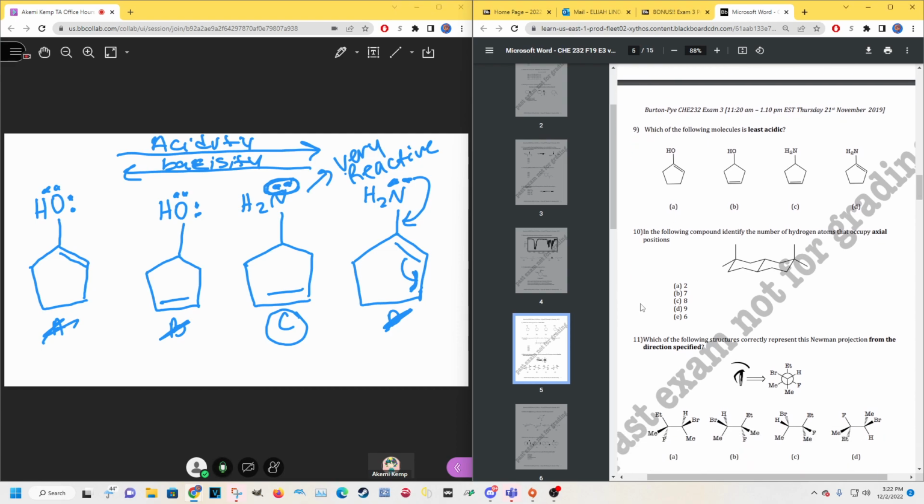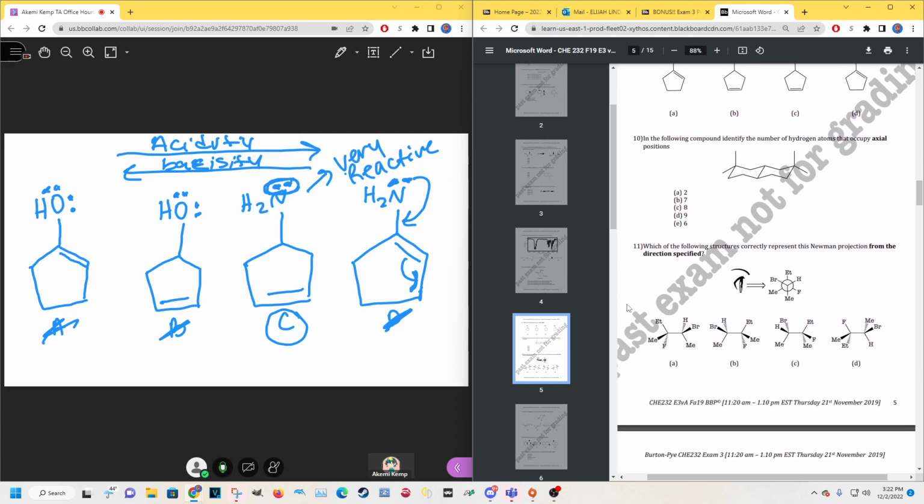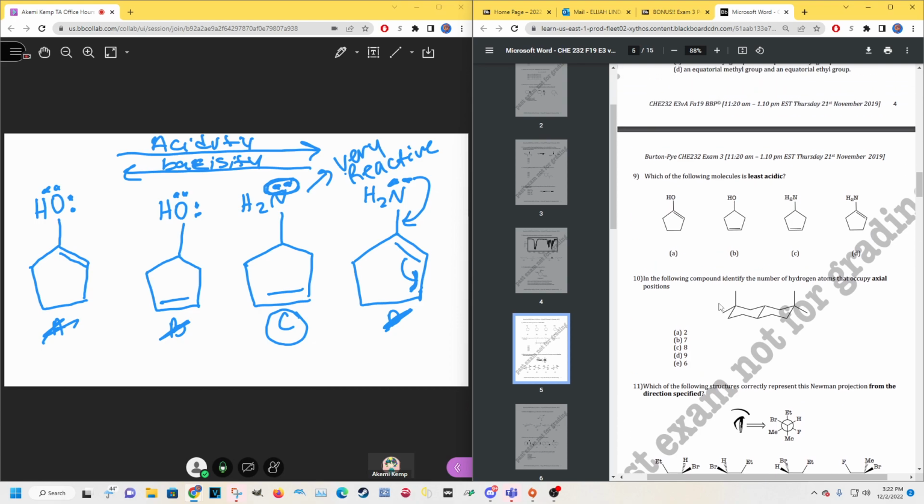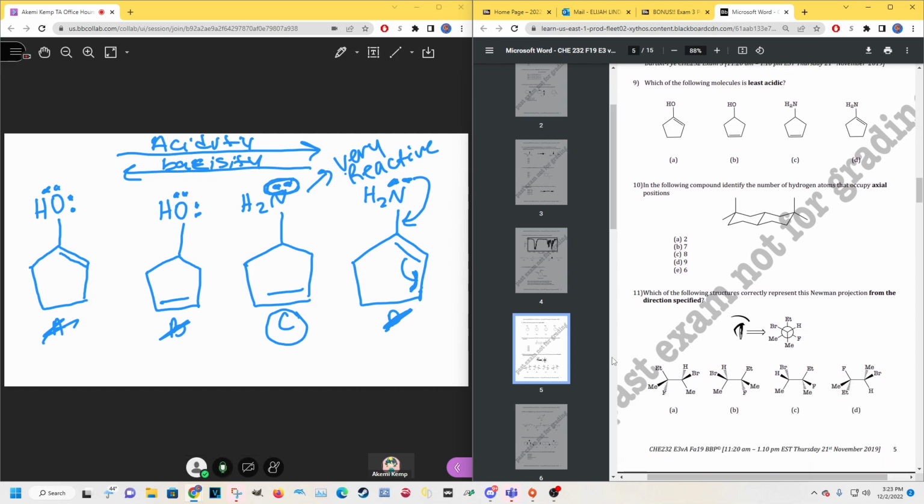If it can't resonate, it'll definitely be less acidic, which will make it more basic, because bases work with the electron lone pairs. And like you said earlier, it would be A if it's the most acidic because it could resonate, and it's oxygen. All right, that makes sense.